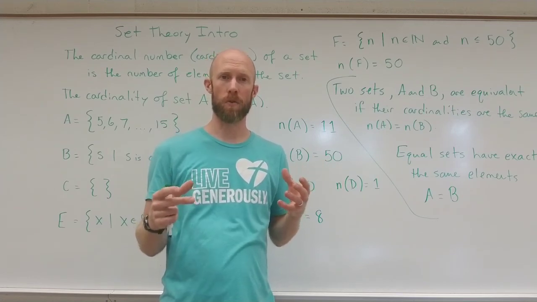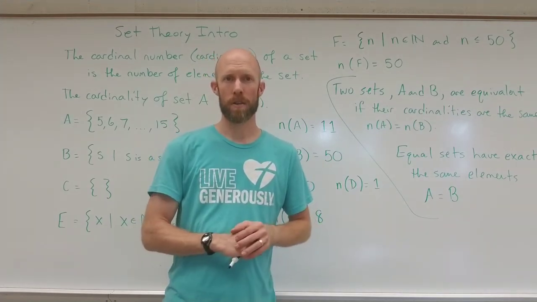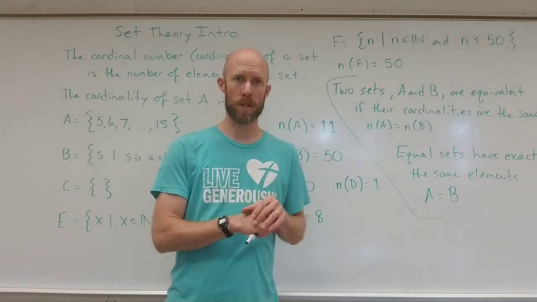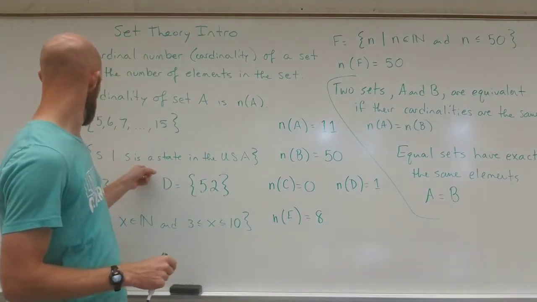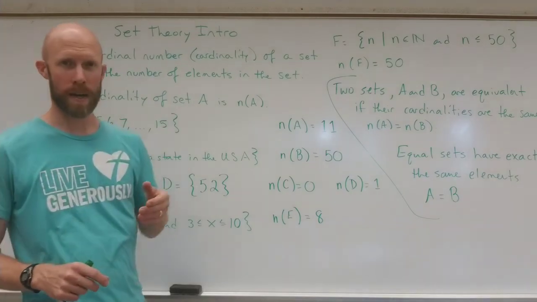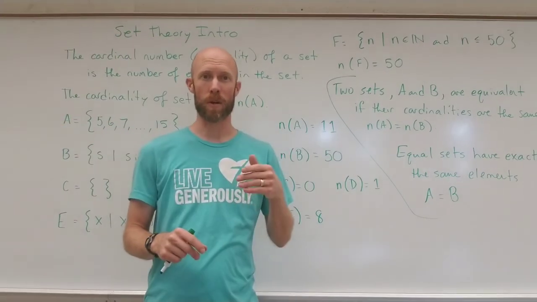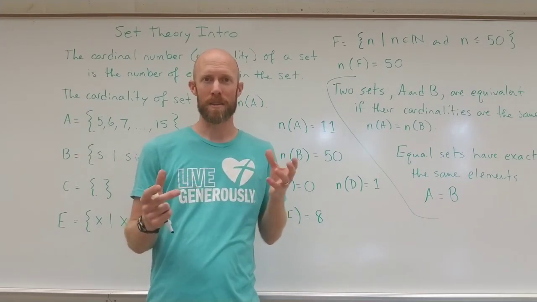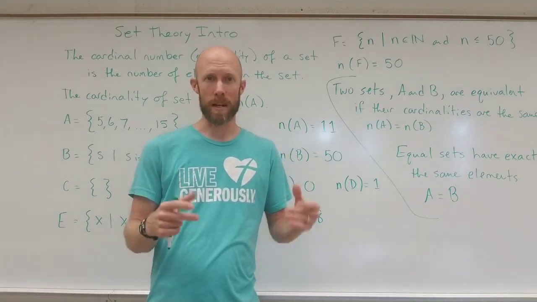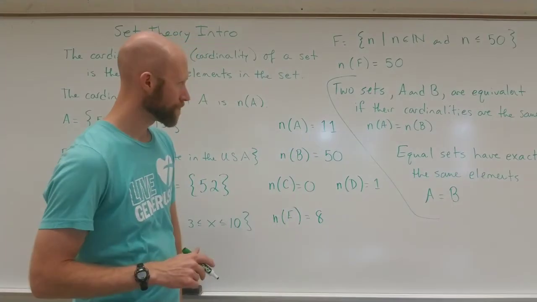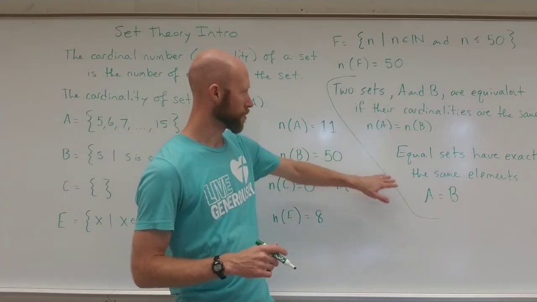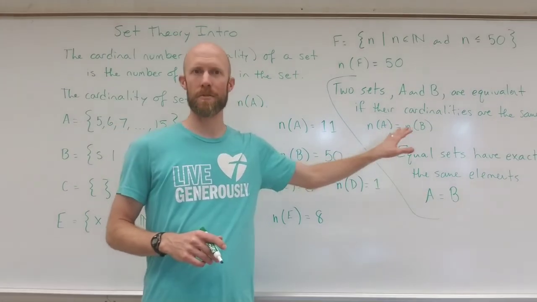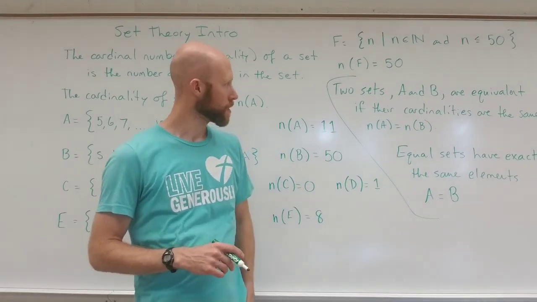You're just looking for the collection of elements, not the order in which they appear. So if you organize the United States by alphabetical, or if you organize them by size, it doesn't matter. It's still the same states, right? Okay, so anyway, we've got equivalent sets and equal sets. They mean different things in each case.